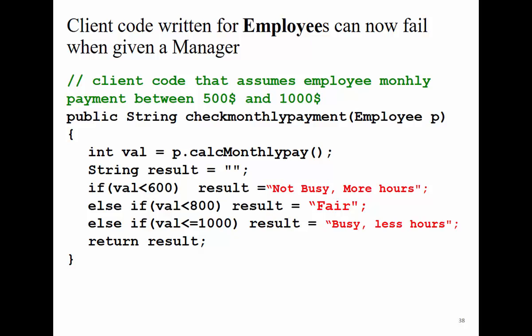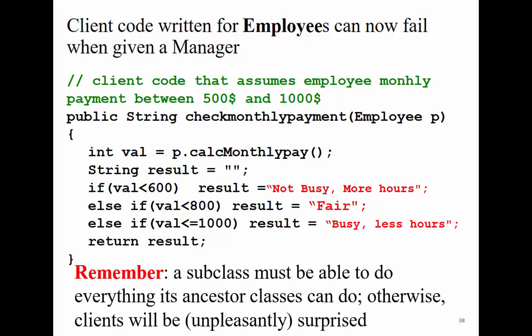You calculate the monthly payment based on the hours the employee is working, and if the value is less than 600, you say this is not busy, needs more hours. If the value is less than 800, this is fair, no need to give him extra tasks. And if the monthly pay is more than 800, you say this is busy.